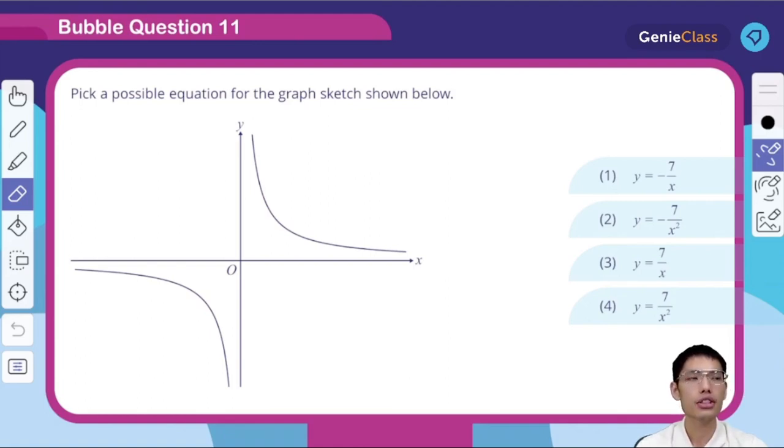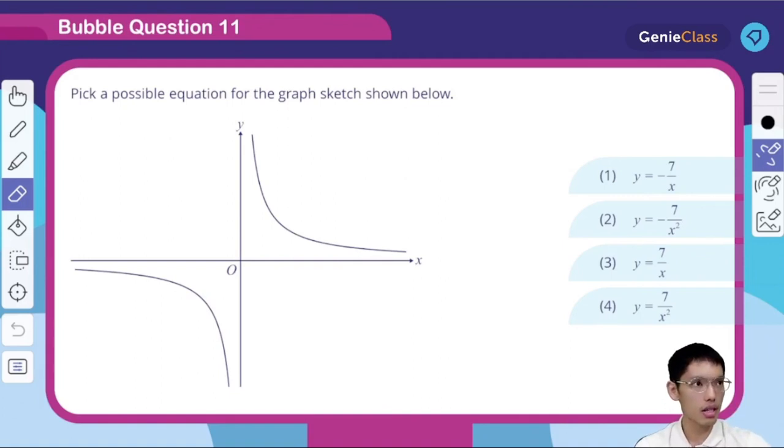I have the last 20 seconds. Right, last 10 more seconds for those who have yet to key in your response. Right, last 5, 3, 2, 1.